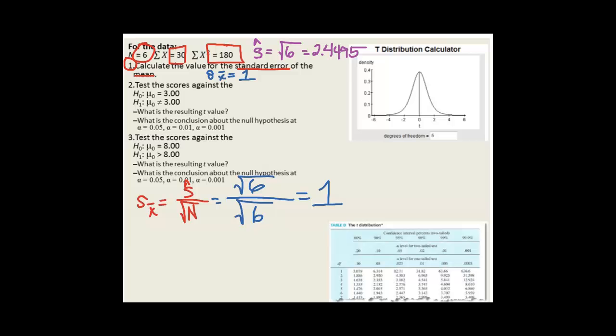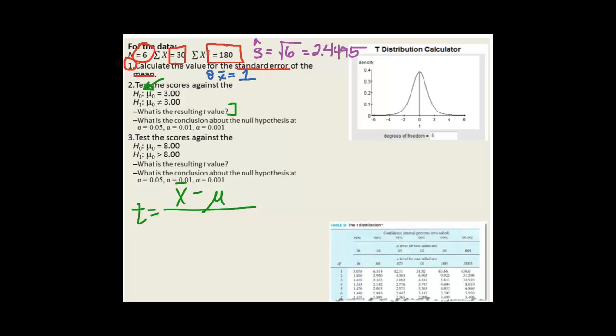The next thing it asks me to do is compare the value for the mean to a certain null hypothesis. In this case, the null hypothesis has been given as the population mean is equal to 3, and then I have a non-directional, two-way alternate hypothesis, just saying that the mean is not equal to 3. To calculate the t value, t is equal to the value of interest, in this case x bar, minus the mu we're claiming, all over s sub x bar.